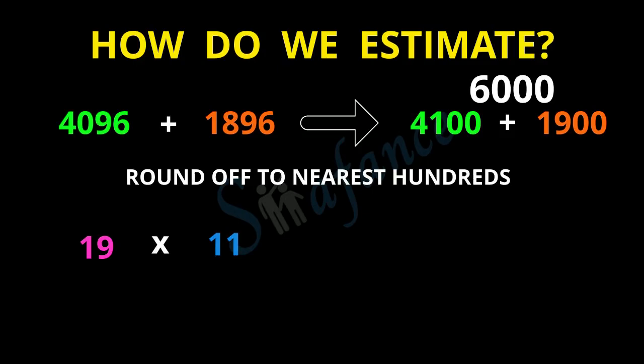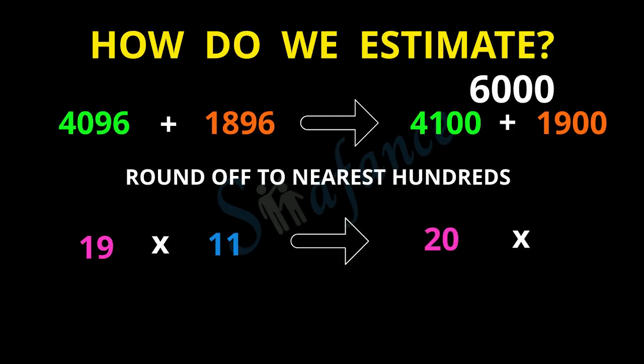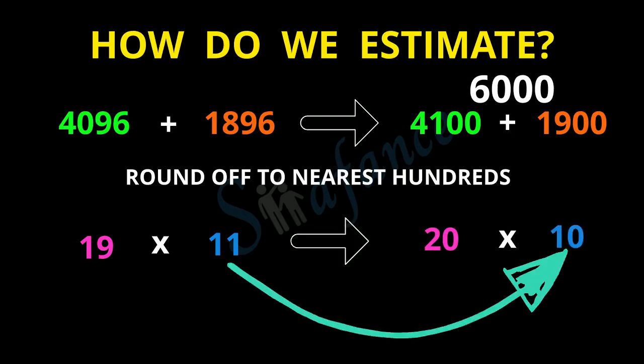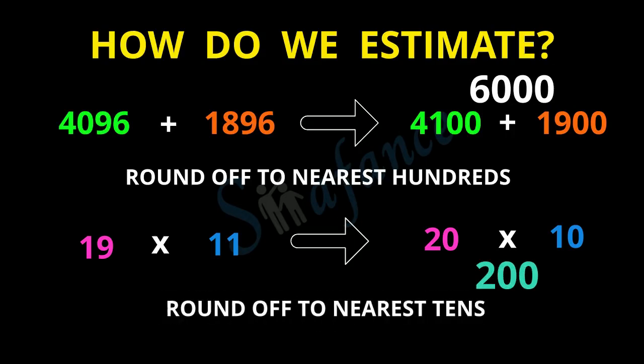If we are not comfortable with these numbers in multiplication, then we can round off 19 to 20 and round off 11 to 10, and then we can multiply 20 into 10 and we will get 200. 20 into 10 is easier than 19 into 11. So we have rounded off these numbers to the nearest tens. So in this way we can make an estimation.